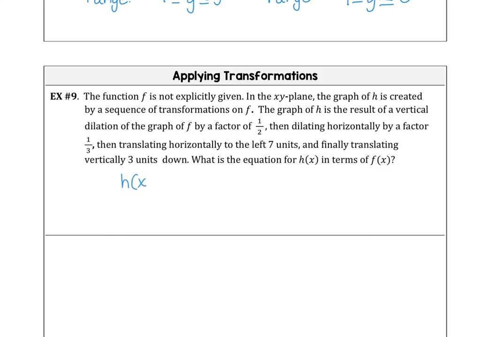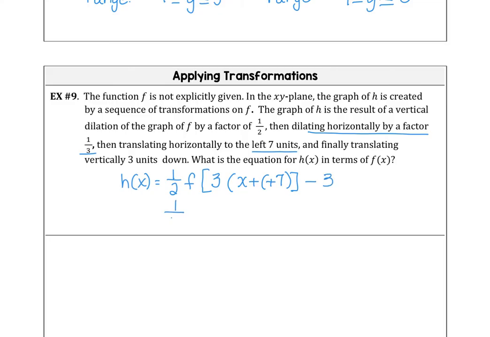The h of x is a vertical dilation by a factor of 1/2, and then dilating horizontally by a factor of 1/3 means our factor is 3, and moving left 7 means we want to do the opposite, so that's going to be plus, and finally going down 3 units.